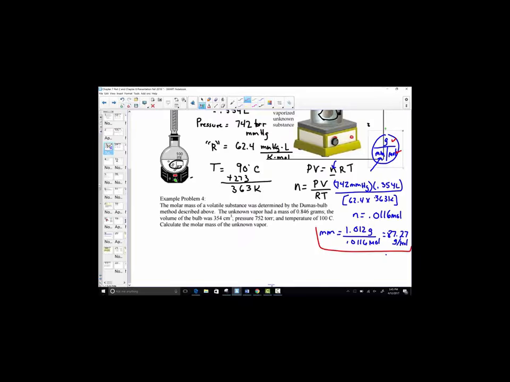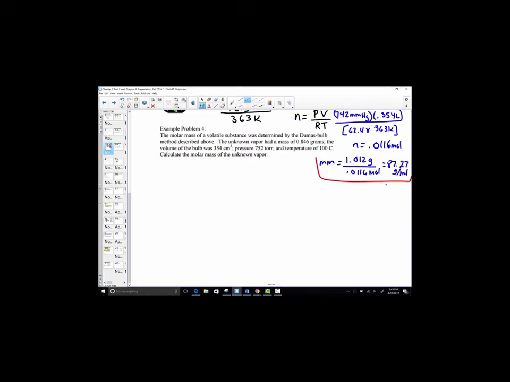Let's try one more example problem together. Example 4, and that will finish your packet. The molar mass of a volatile substance was determined by the Dumas bulb method described above. The unknown vapor had a mass equal to 0.846 grams. The volume of the bulb was 354 cubic centimeters.